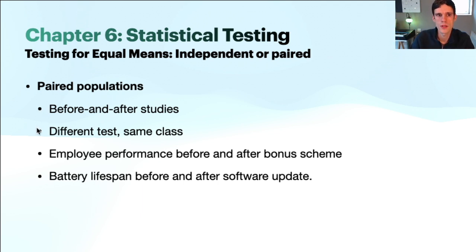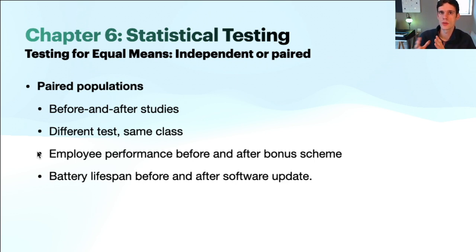Or another example is that we take a different test but in the same class. So we have the same population set, the same group of people. We first let them take one test and then we let them take another test. And we see whether there is a difference in testing score between the different types of tests. Another example is to look at employee performance before and after a bonus scheme.